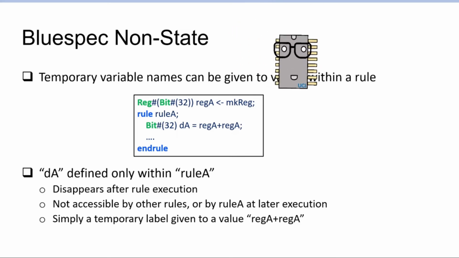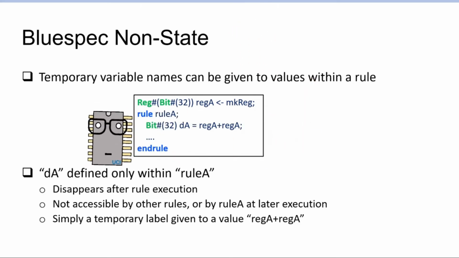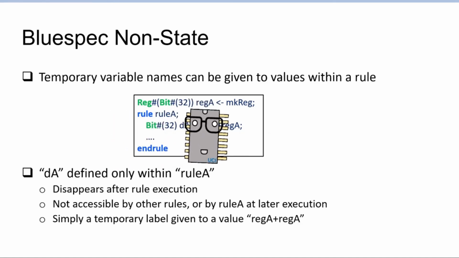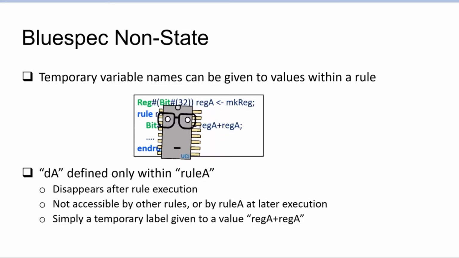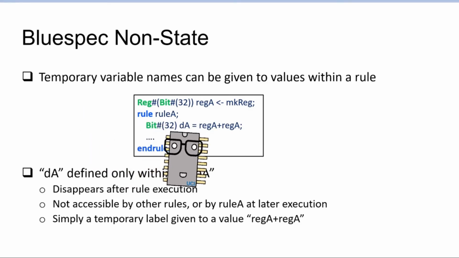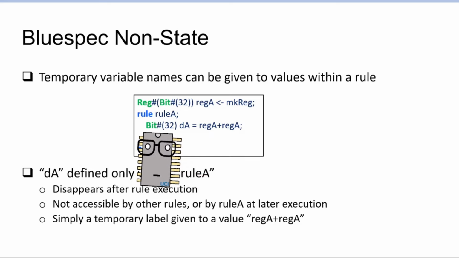For example, you can give temporary variable names, temporary labels to values within a rule. For example, if you have a register A, which is of type Bit 32, this is a state. And inside a rule A, we can create a temporary variable of type Bit 32. Note the missing Reg here.